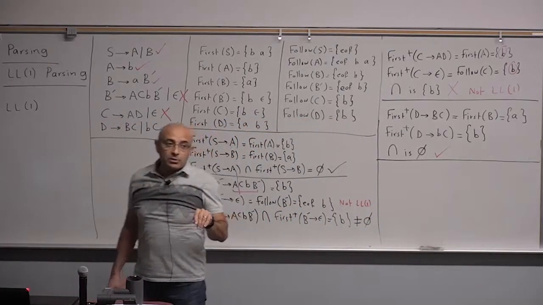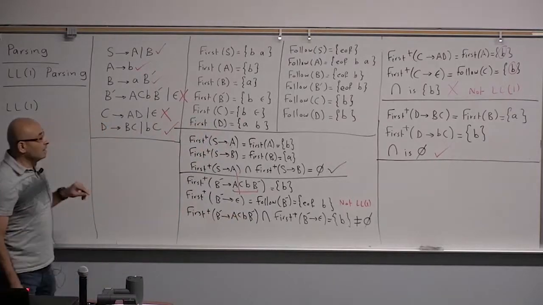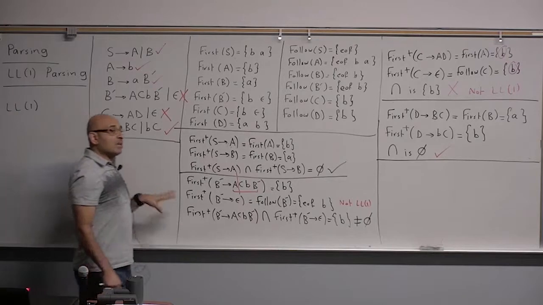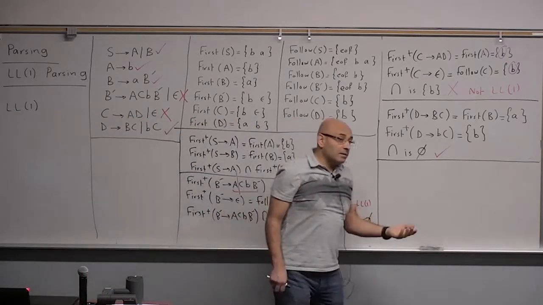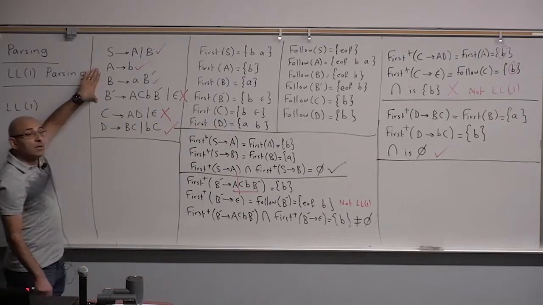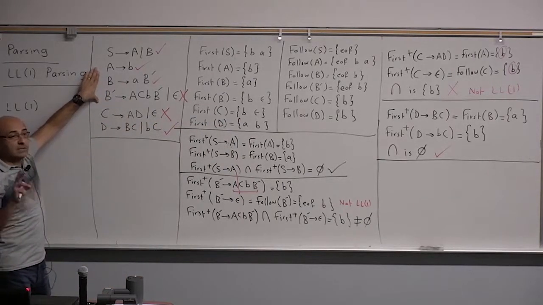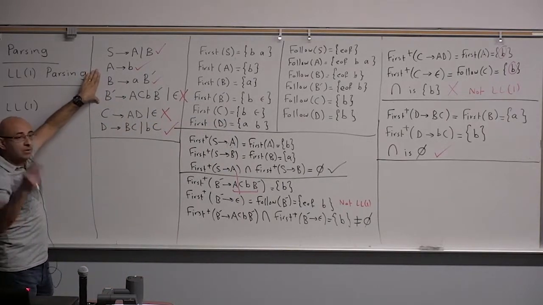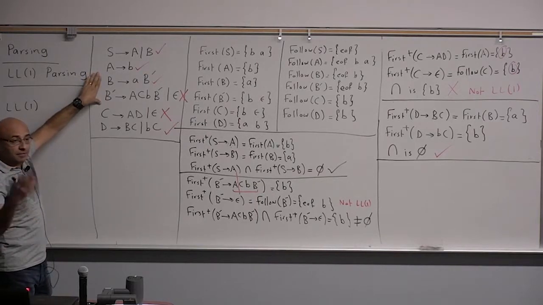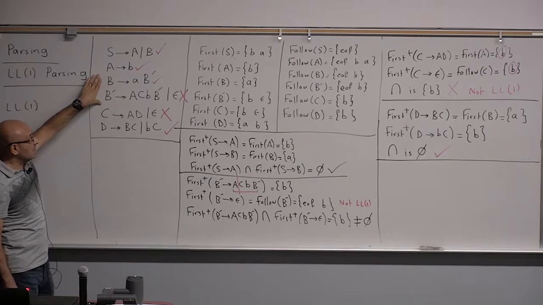Not every grammar in the world is LL1. Some grammars are LL1, some are not. And if the grammar in its current form is not LL1, we may try to do certain things like left recursion elimination and left factoring that we will be studying today.